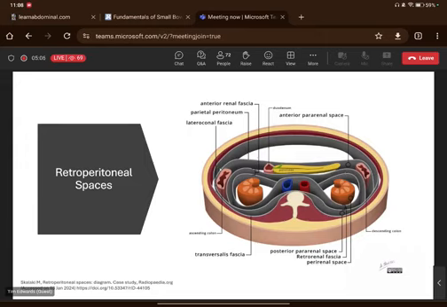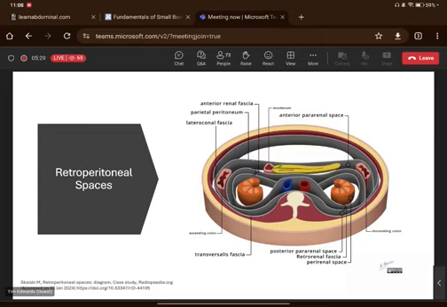This is by fascial plane. At the very anterior border, we have the parietal peritoneum.